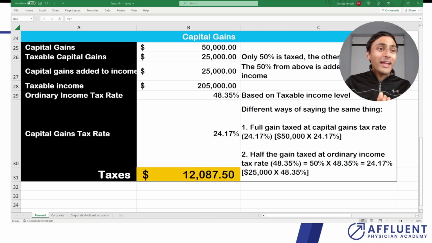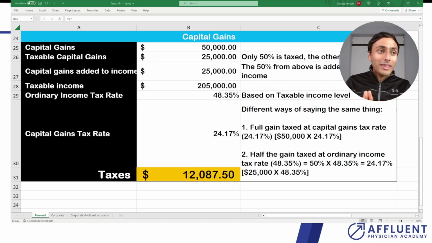Now there's different ways of saying the same thing. And this is what I want to emphasize. You could say that the full $50,000 is taxed at your capital gains tax rate, which is 24%. Well, 24% is 50% of 48%, right? Or you could say half the gain, which is $25,000, is taxed at your ordinary income tax rate, which is 48% here, which would still give you the same number of $12,000.